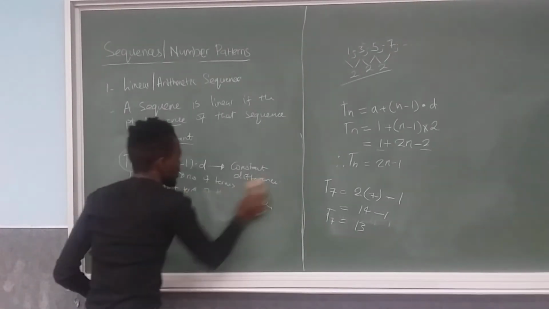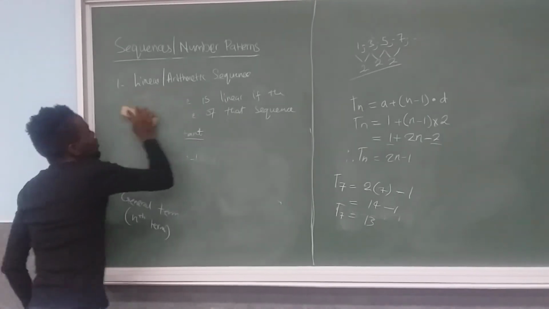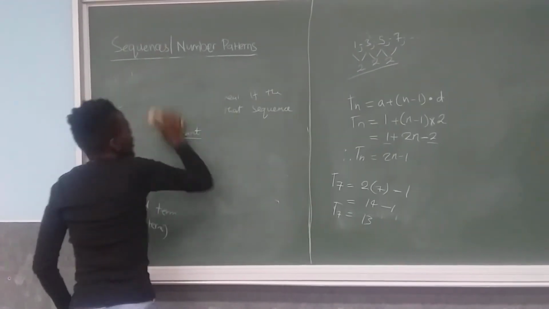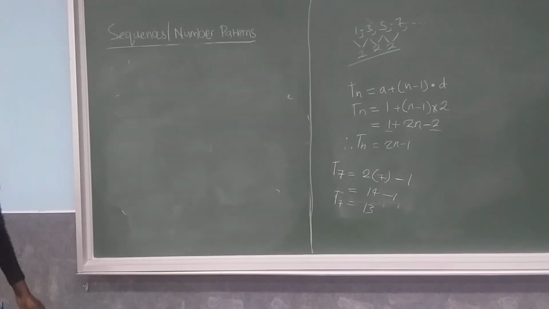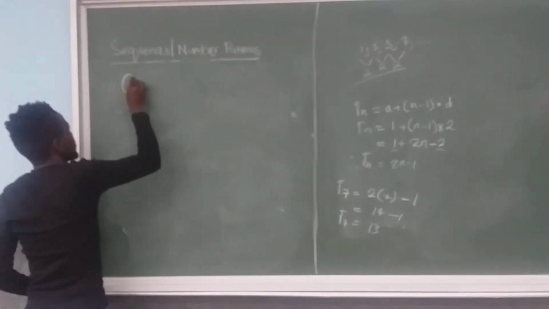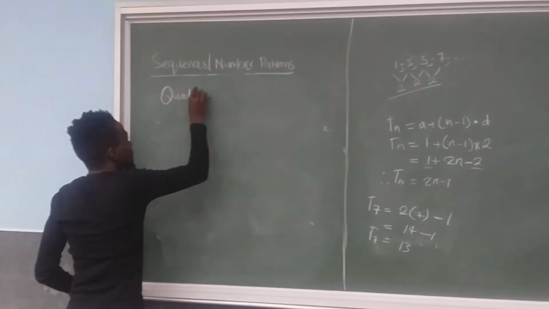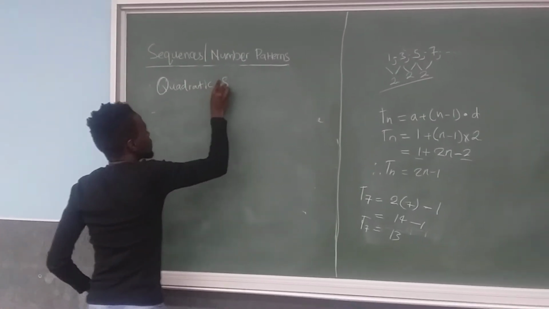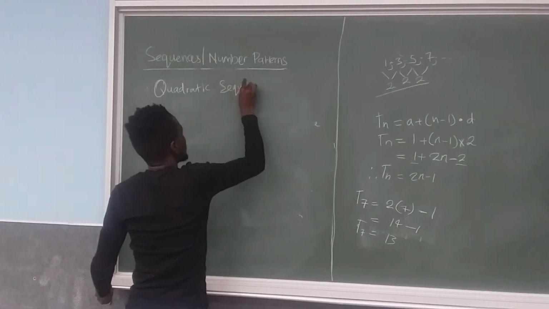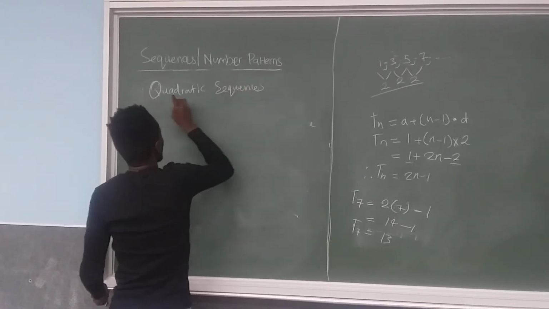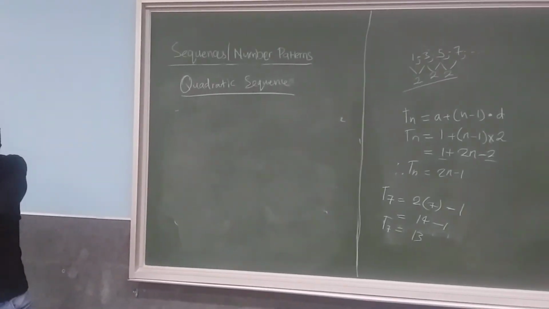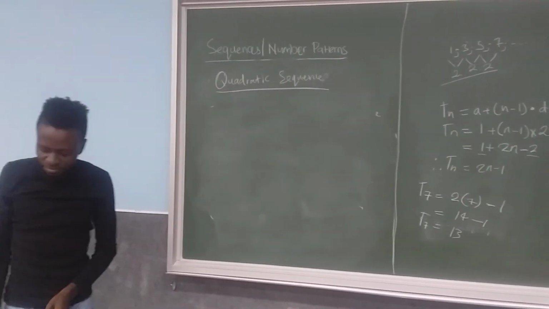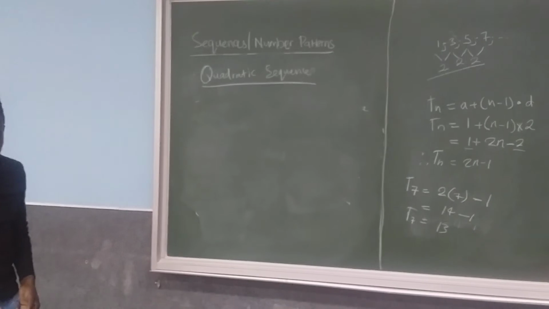Let us move quickly and then do quadratic. So now we are in quadratic sequence. Not equation, I'm sorry. What is a quadratic sequence? A quadratic sequence is a sequence of numbers in which the second difference between each consecutive term is the same amount, which is called the common second difference.